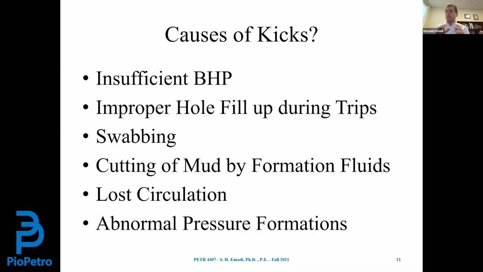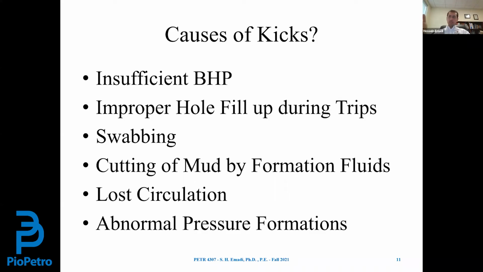In general, we divide all the formations into three different types. The first one is normal pore pressure, meaning that the formation is hydraulically connected to the surface aquifer. Let's say you are drilling in an area close to the Gulf of Mexico.